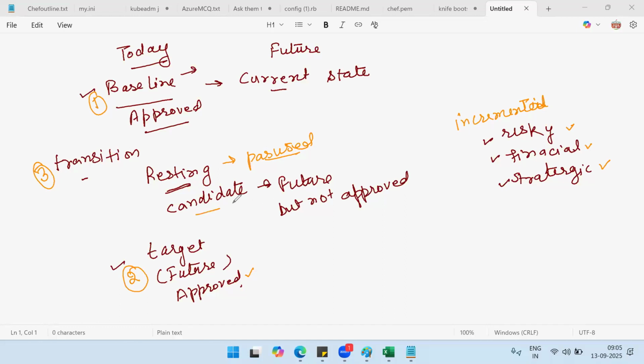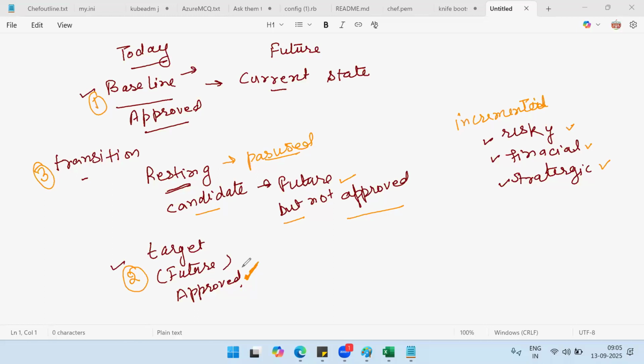And the future candidate is the future which you are proposing, and that will be for the betterment of your application, but it is not approved by the stakeholders. The target architecture is the long term goal or long term objective for EA, and these transition stages would be your short term objectives.